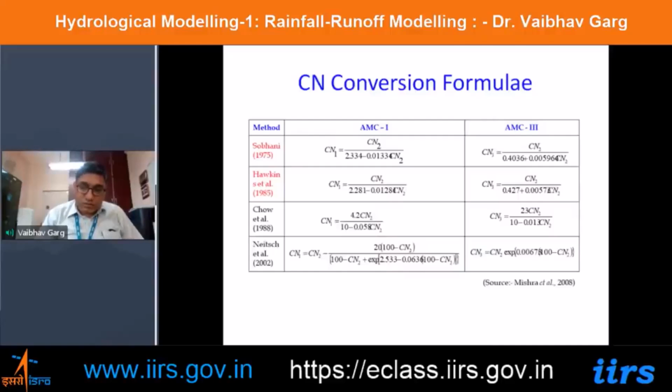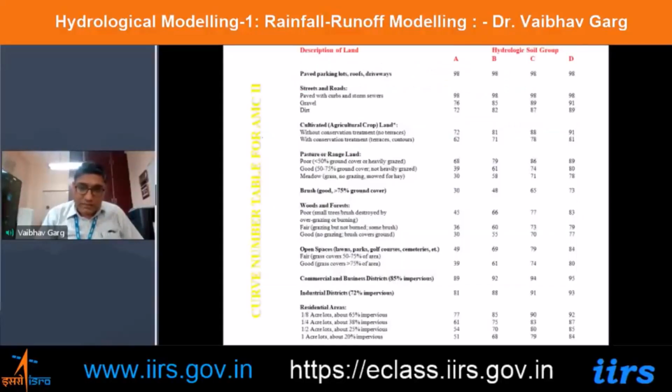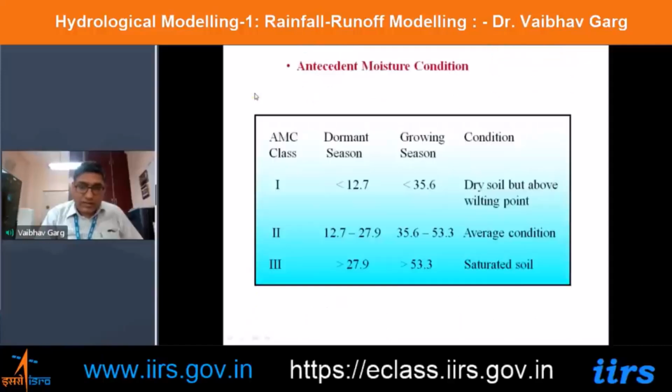Now, as we have seen, the lookup table provided by SCS corresponds to antecedent moisture condition 2. And all of you know that rainfall varies spatially and temporally. So if there is a spatial variation of the rainfall, if some rainfall is occurring here and somewhere it is not happening, then the AMC condition may change.